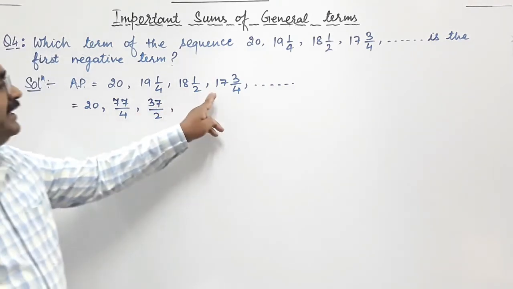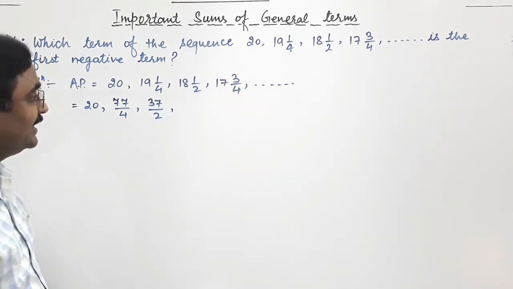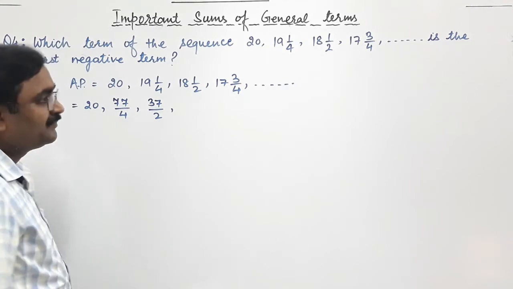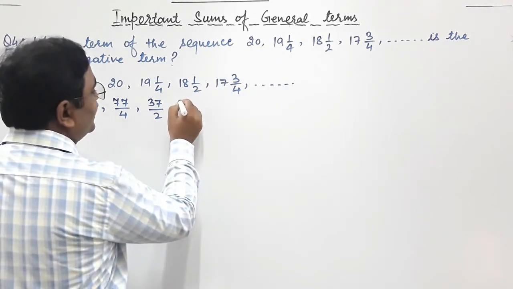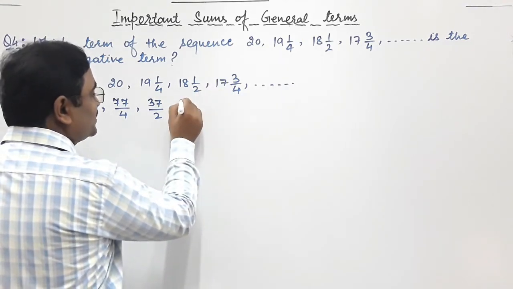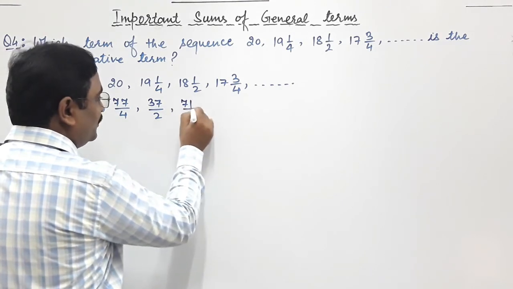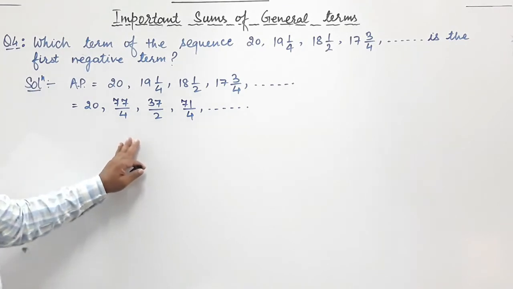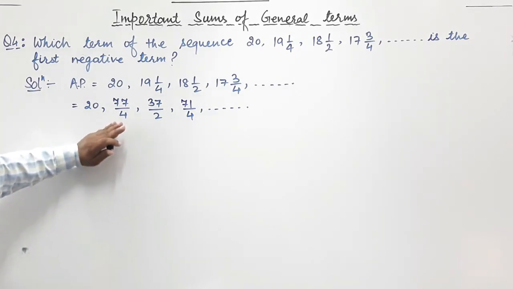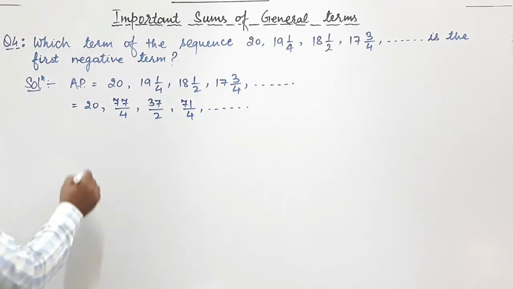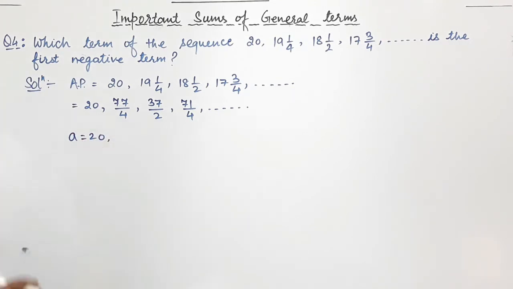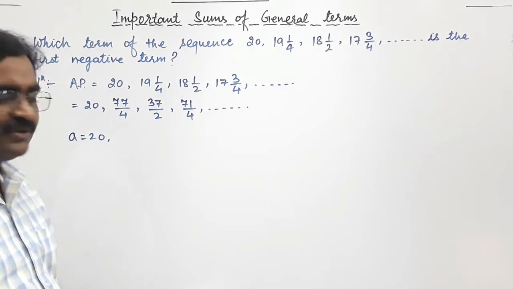Next number is 17 integer 3 by 4, which can be written as 4 sevenths... 68 plus 3, 71 upon 4, etc. These are our arithmetic progression. With this arithmetic progression we got the first term is 20. Now we have to find out the common difference also.